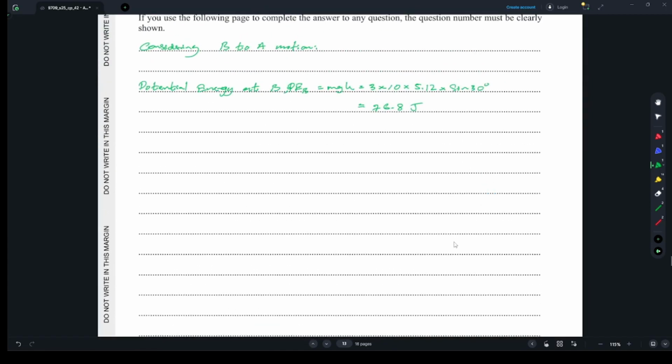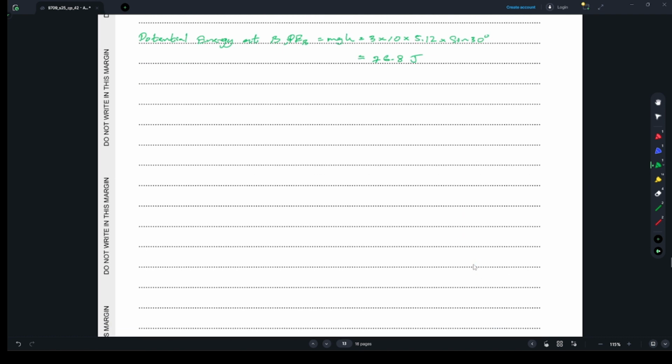We don't know the velocity there, we have to find it. So kinetic energy at A is half mv square. Mass is 3, and VA square, so we can write 1.5 VA square.